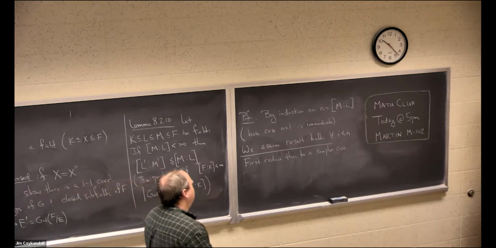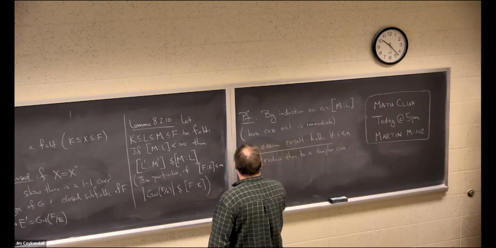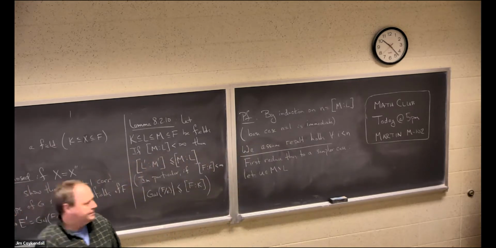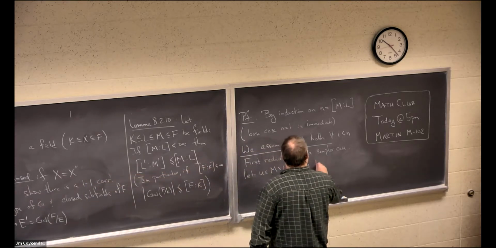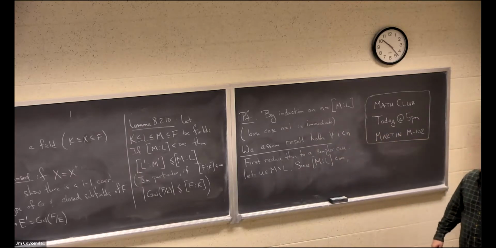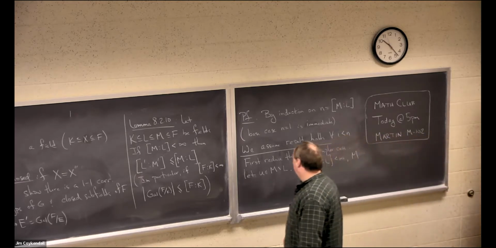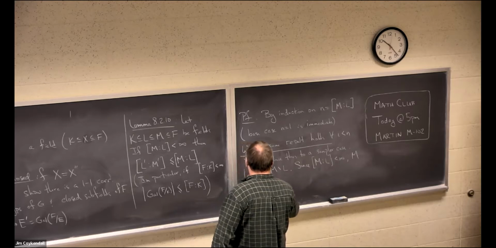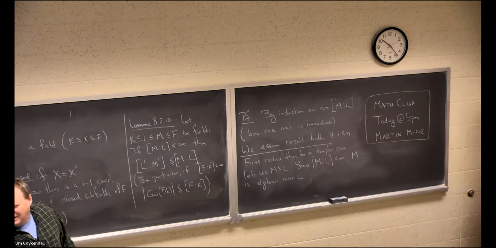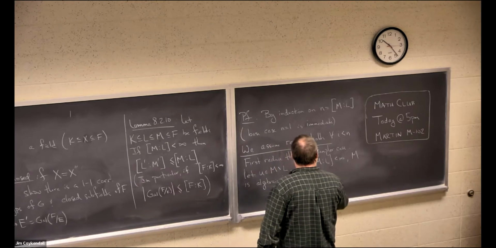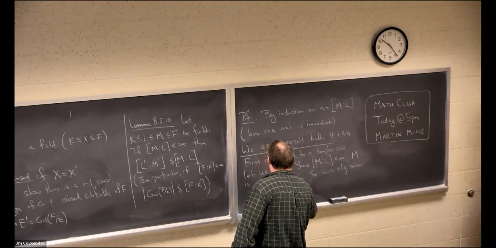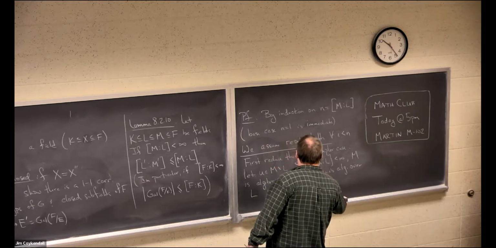I'm going to pick some u, an element of M that is not in L. Since the degree of the extension M over L is finite, in particular, M is algebraic over L. So u being an element of M is algebraic over L with minimal polynomial f of x.